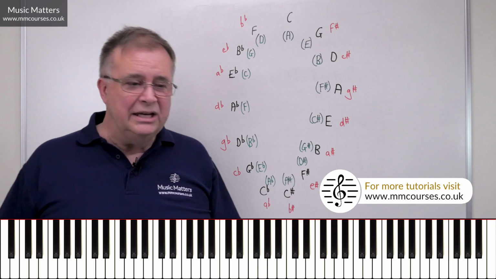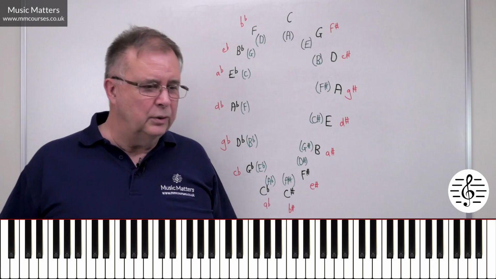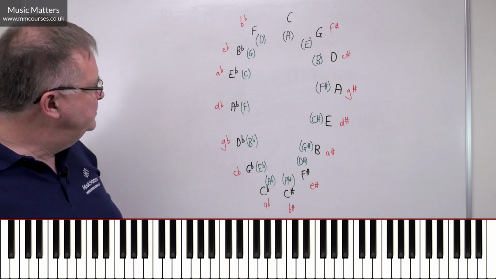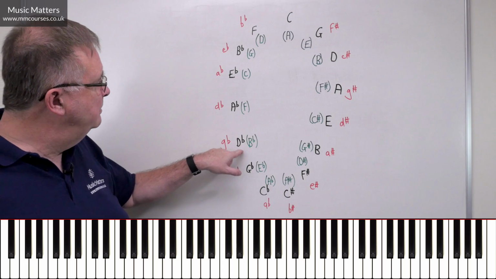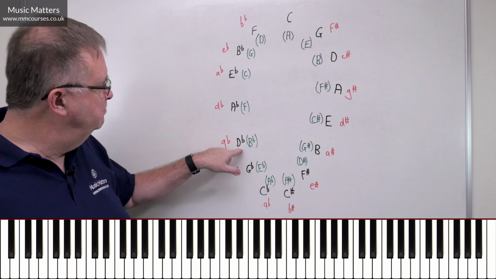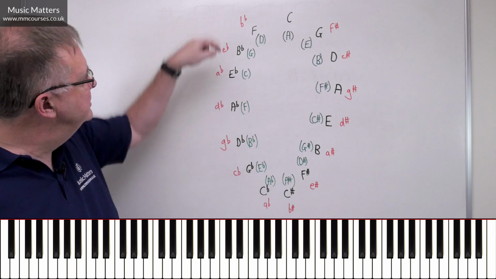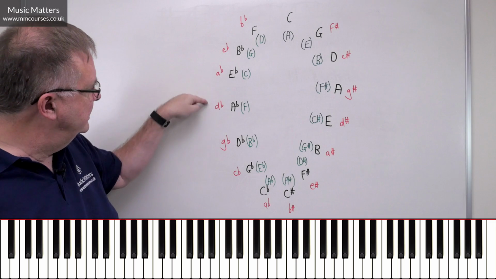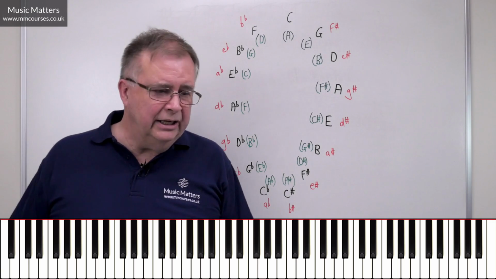Question 4: what's the relative major key of B flat minor? Here it is in the green in the inner circle, and the relative major is D flat major. Relative because both of those keys have this key signature: B flat, E flat, A flat, D flat, and G flat.